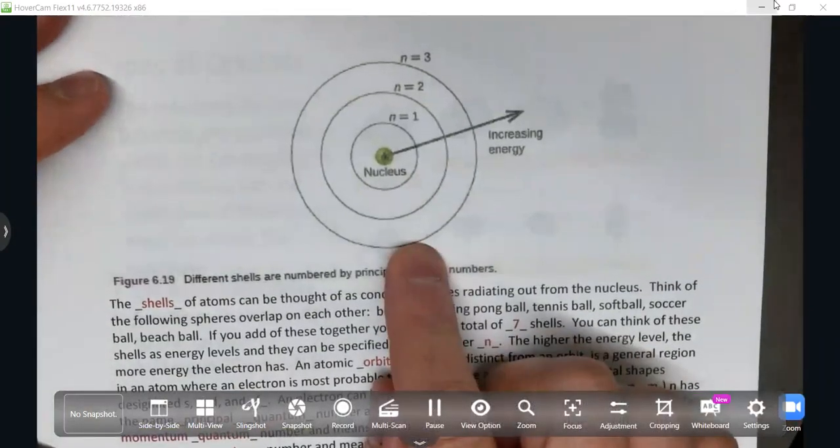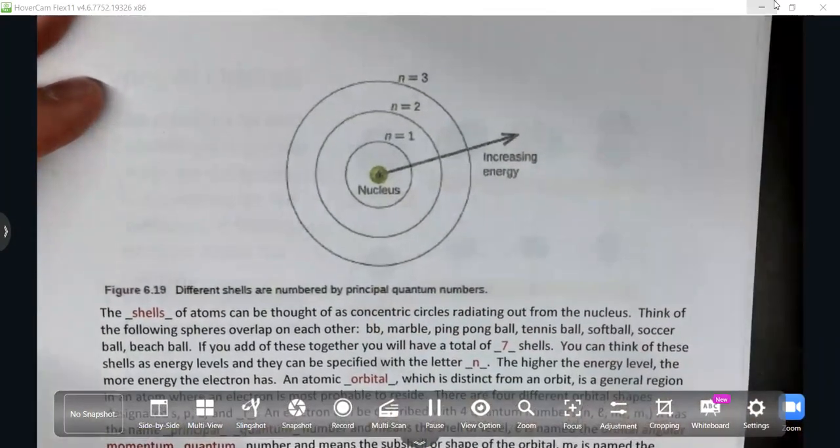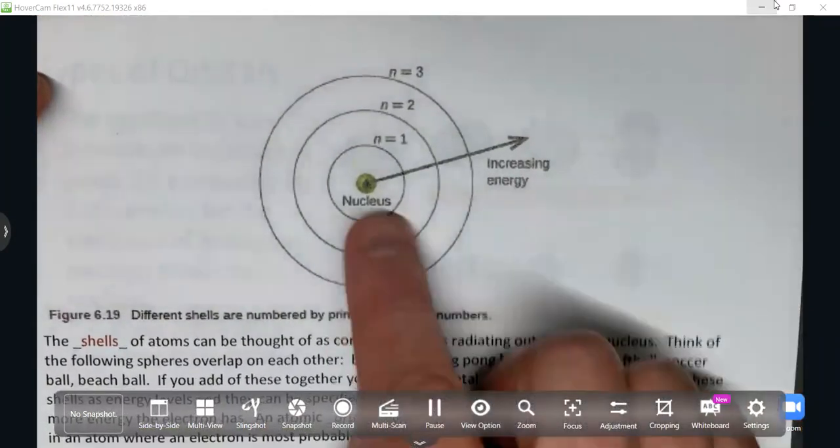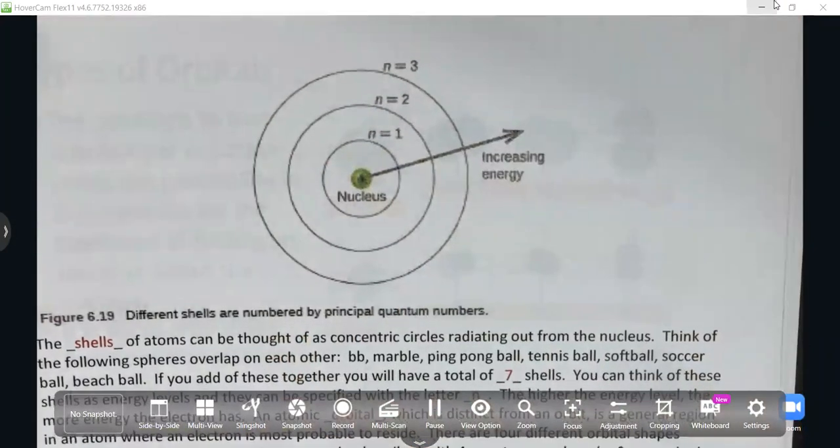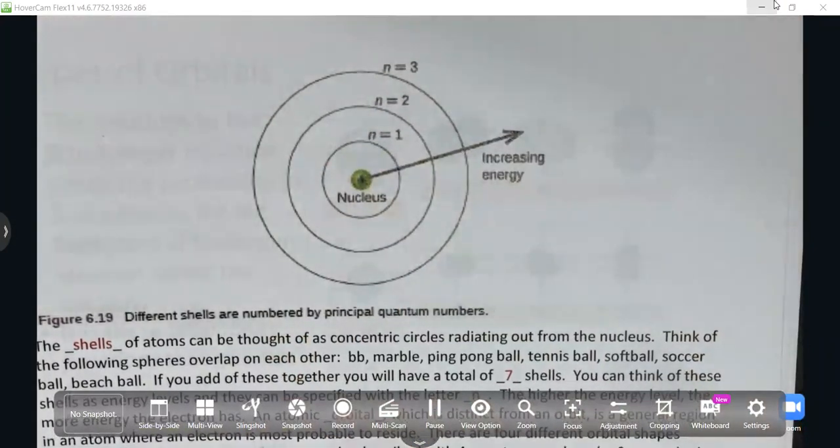At one time in your existence, you've probably seen a diagram like that that has the nucleus and these things that look like orbits. Everybody's seen something like this, okay?